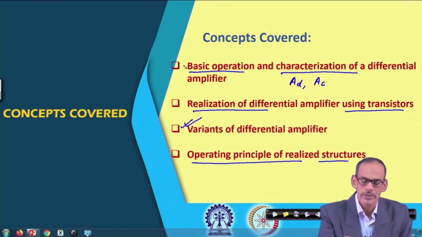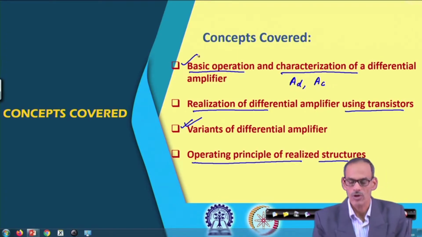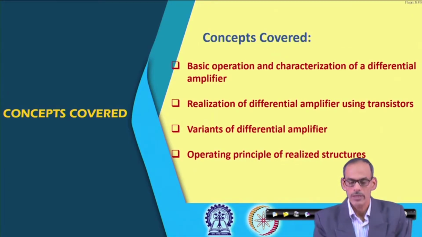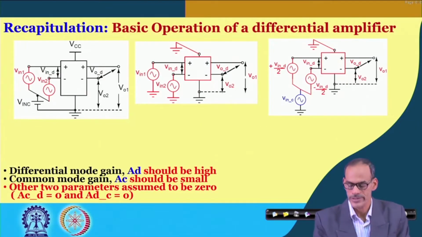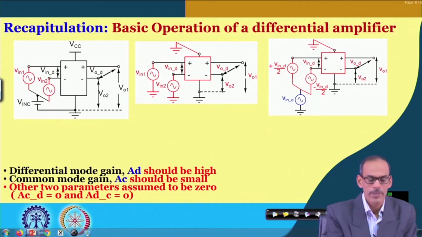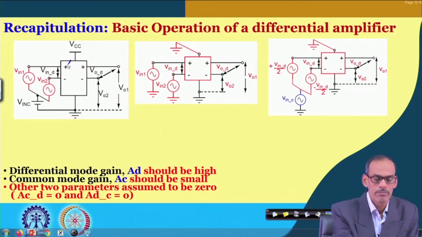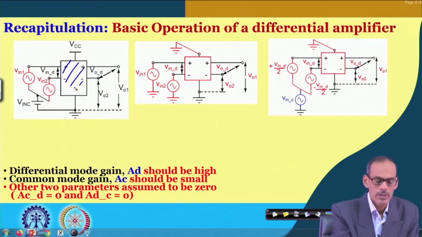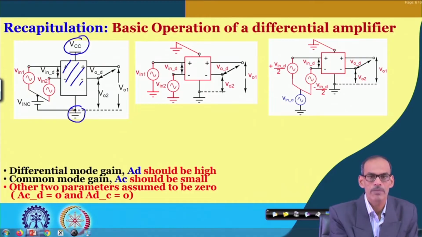So, let us discuss the basic operation and characterization of the differential amplifier. To recapitulate what we discussed in our previous lecture, this is the main differential amplifier, where we have the DC power supply and ground.